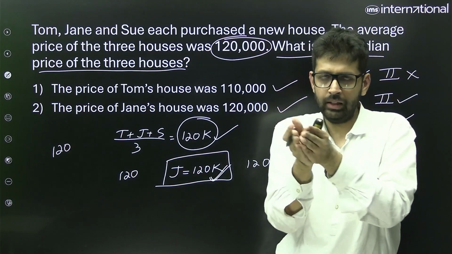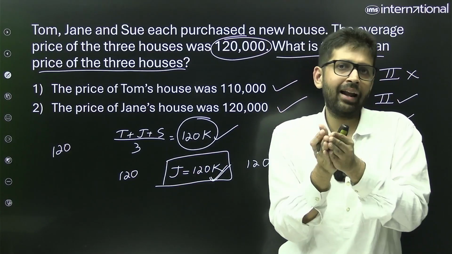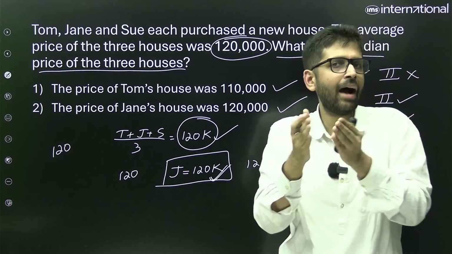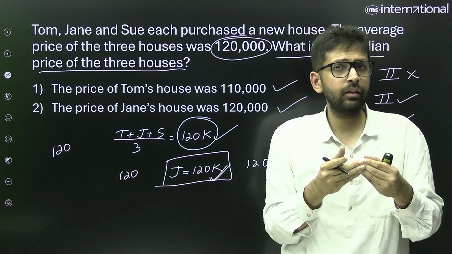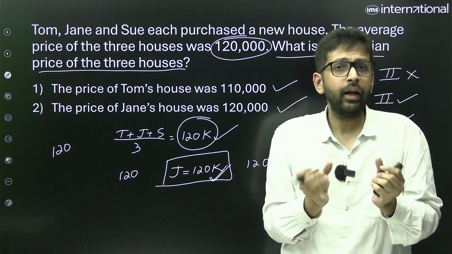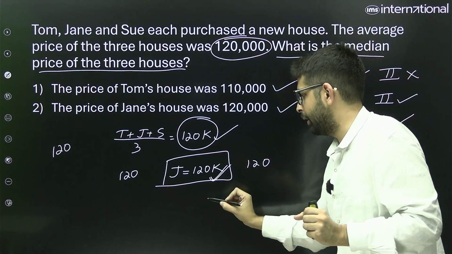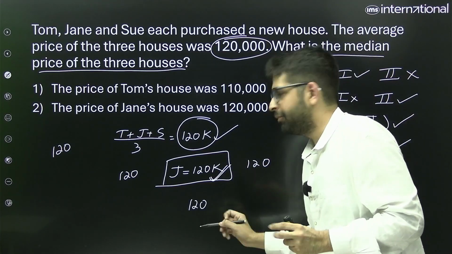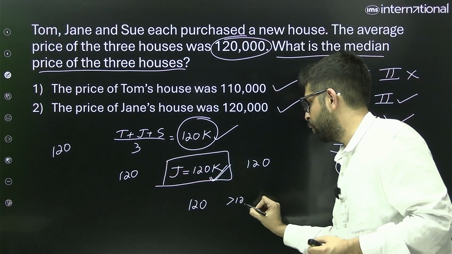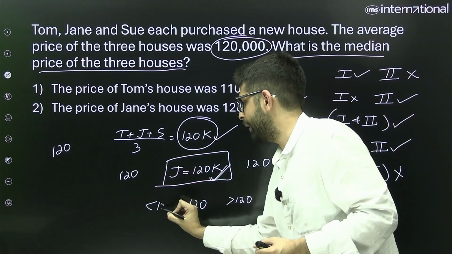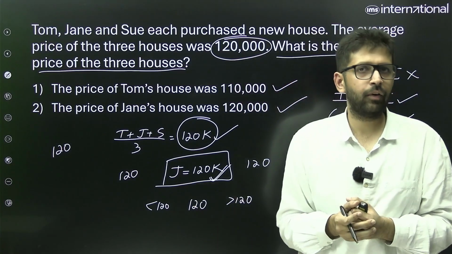Similarly, if the two remaining quantities are less than 120, my average would be shifting towards the left side and my average would be less than 120. But I want the average to be 120. And therefore, one thing is pretty clear that if the three terms are different, one of them would be more than 120 and the other one would be less than 120.